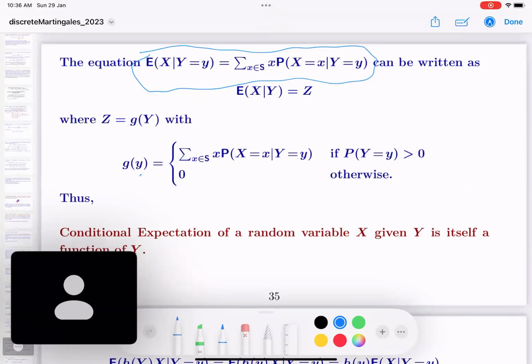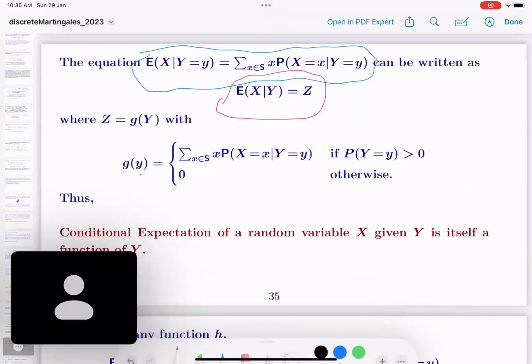Okay, important: the conditional expectation of a random variable X given another random variable Y is itself a random variable, and that random variable is a function of the observed random variable Y, and that function is defined by this formula. Okay. And all that we talked about, Y need not have been real valued.